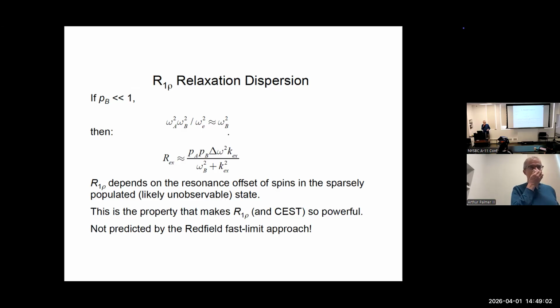And this can be a powerful way to disentangle them. Yes. You're getting delta omega, not just the sign, but now you've got constraints on the population. Absolutely. So again, being out of fast exchange provides information. In this case, we get information both on populations, but also the absolute sign.